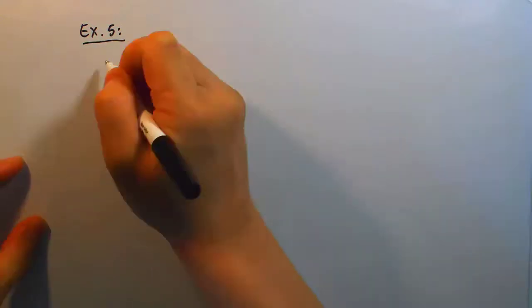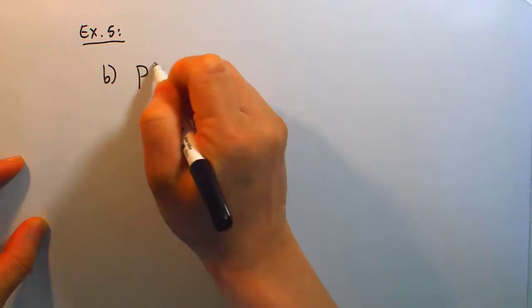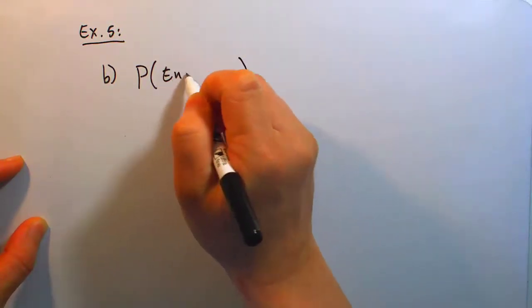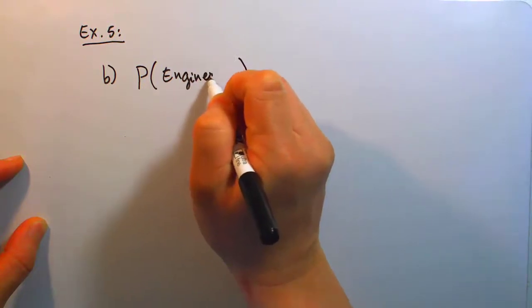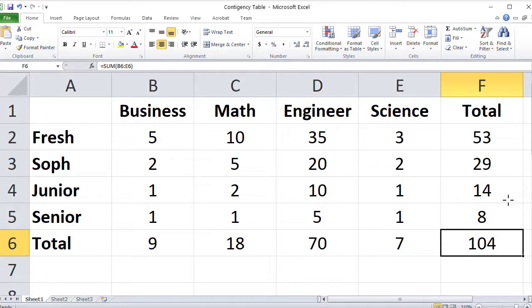In question B, let's find the probability of having an engineer major in that class. This time the different majors are being arranged in the columns, and so my engineer column is right here, which totals up into a column total down here of 70.